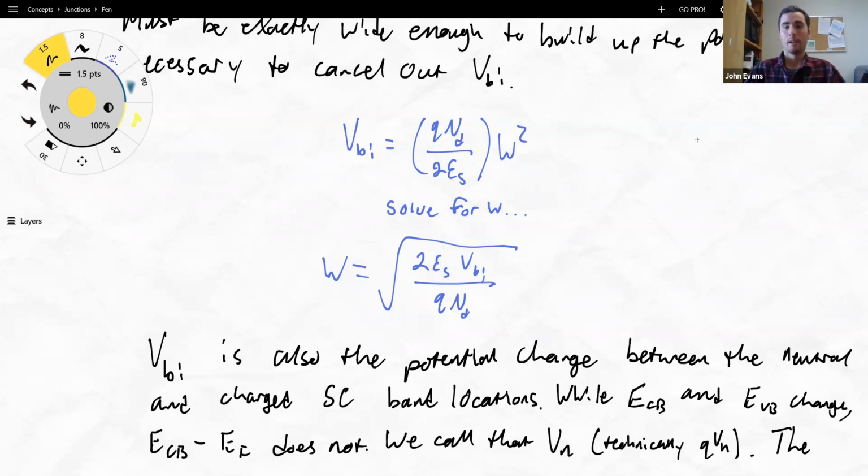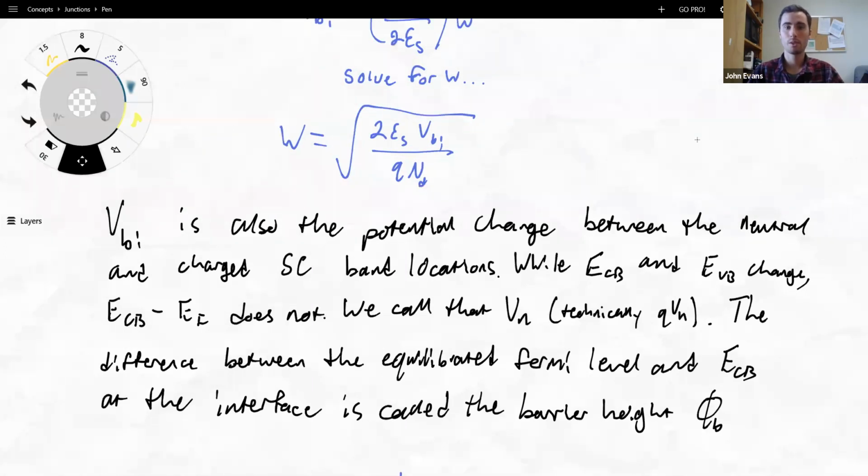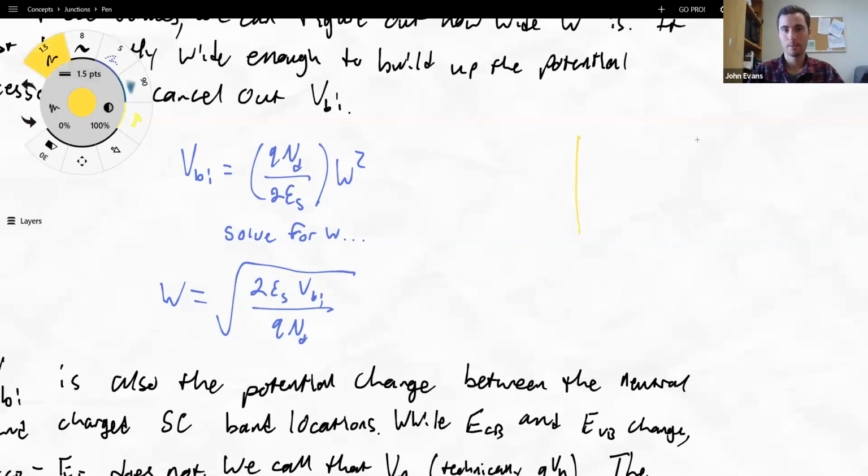Okay? So you can also think of it as the difference between the neutral and charged semiconductor band locations. So when we draw these things, you'll notice that this is where the EC starts out. I draw it like this, where EC comes down.